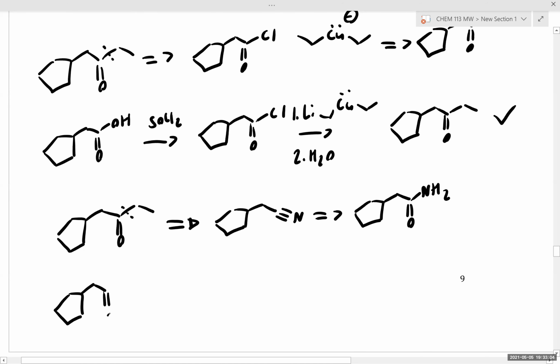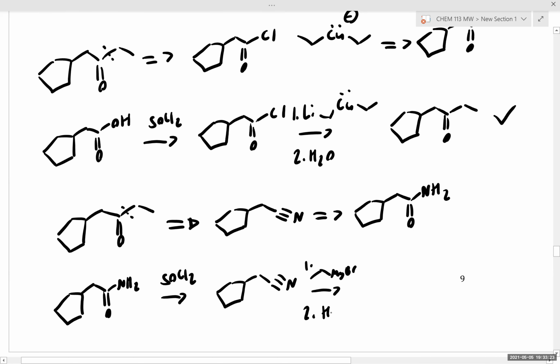So in this case, we're going to take our amide and we'll generate the nitrile via treatment with thionyl chloride. From here, once we have our corresponding nitrile, we'll treat it with ethyl magnesium bromide, followed by an acidic quench. And that gives us our corresponding ethyl ketone.